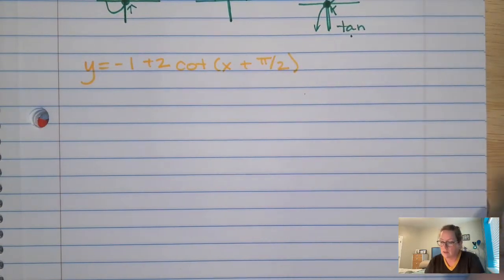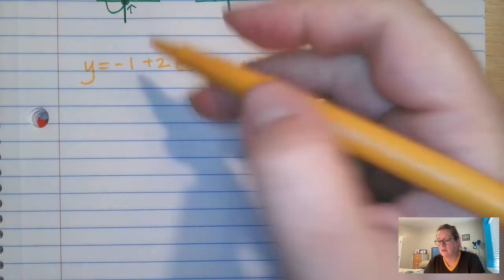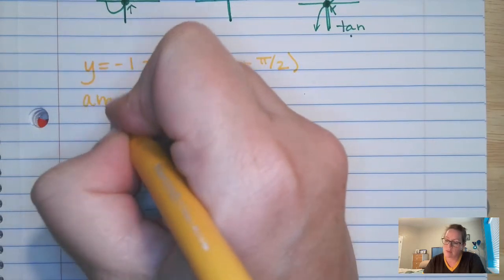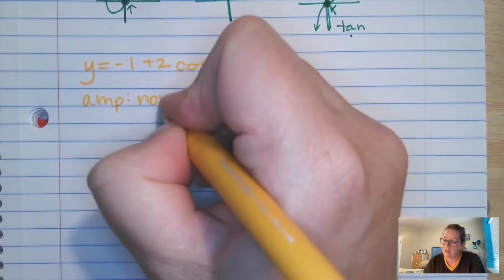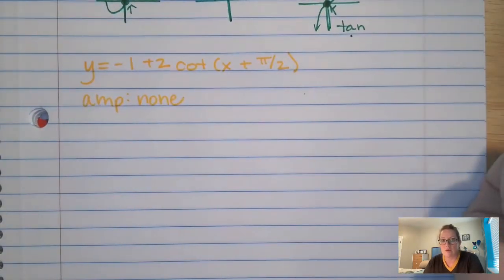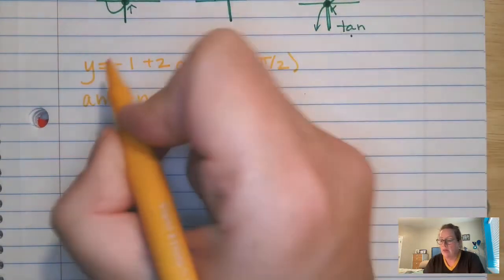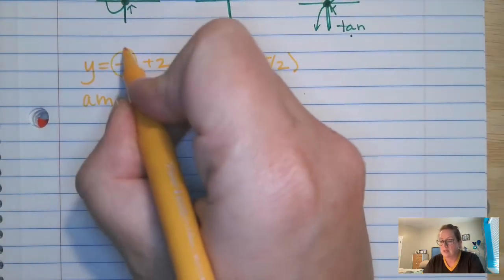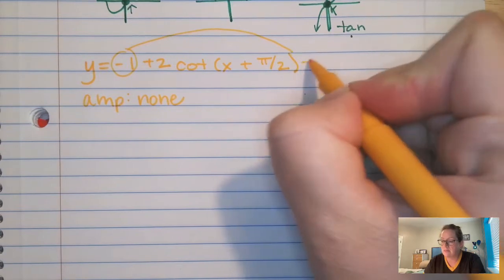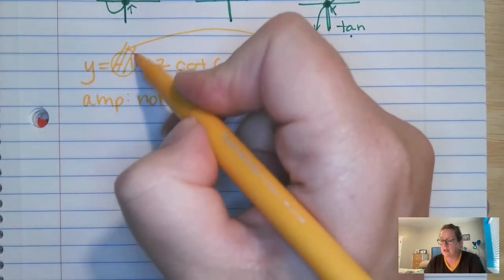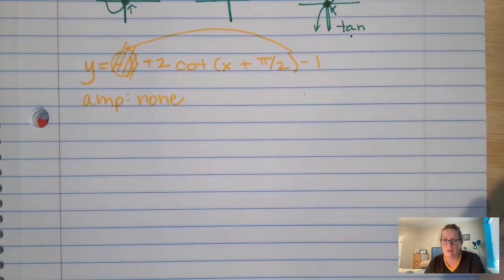All right, so we got a cotan. We got the 2, which we don't really care about. Remember, amp. It's none, even though there's a 2 where there usually is an amp. This -1 is the same thing as putting it back here as your d. So I'll do that on this guy. If it doesn't bother you up front, leave it up front, doesn't matter.